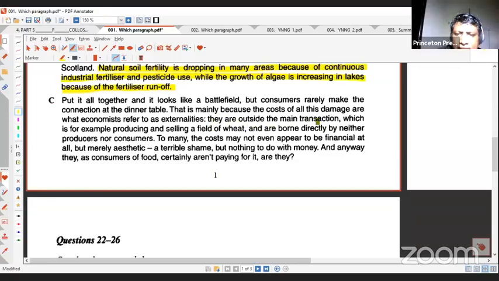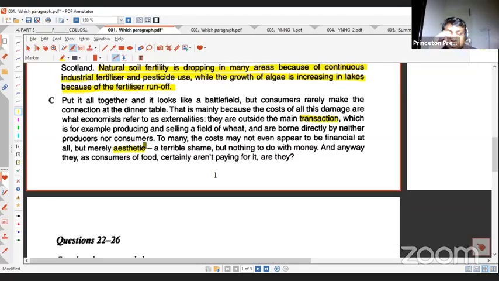They are outside the main transaction payment, which is, for example, producing and selling a field of wheat. We are not thinking about that, and they are borne directly by neither producer nor consumer. To many, the costs may not even appear to be financial at all, but merely aesthetic.